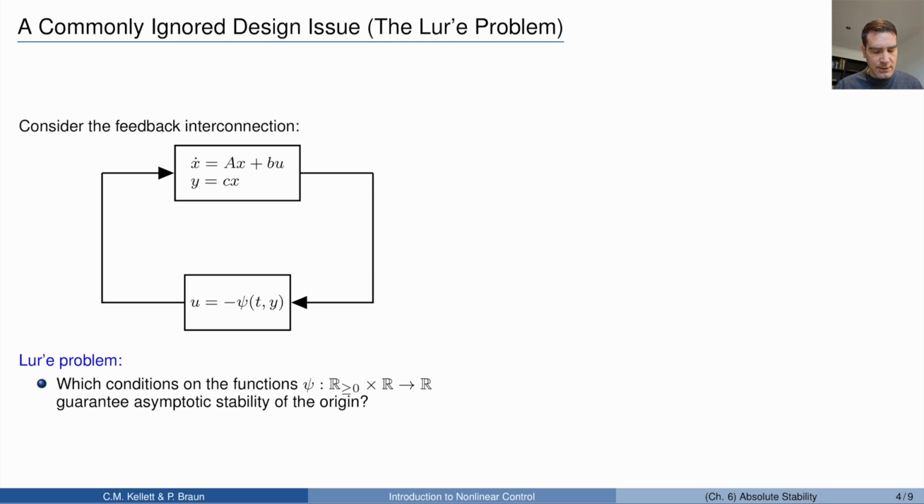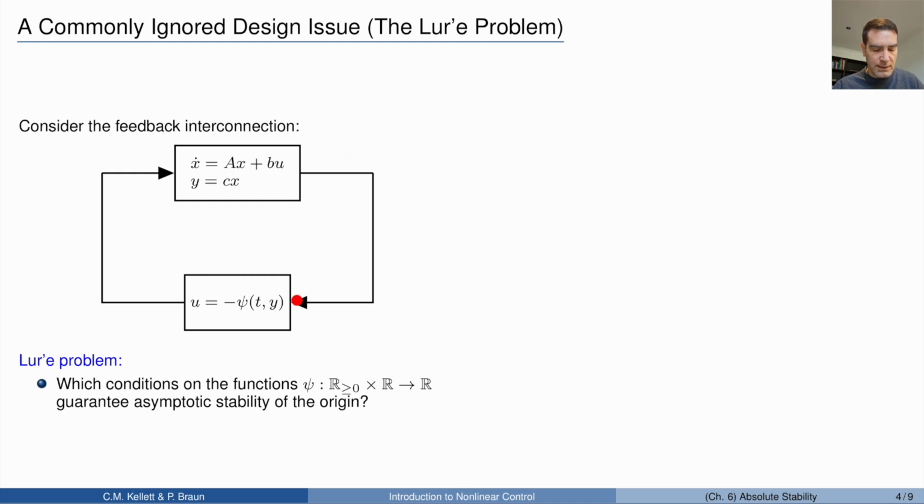And this can be summarized through the so-called Lurie problem, where here we ignore for the analysis now the reference value, and we simply look at this feedback interconnection where we have an output y here.